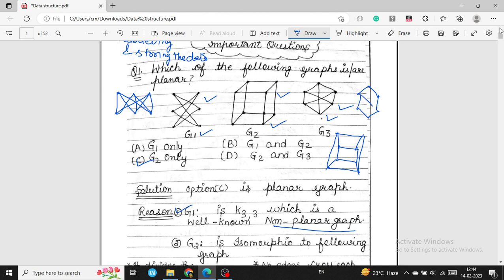Now, if you do not want to cross it, you can take this line outside. I will draw again.